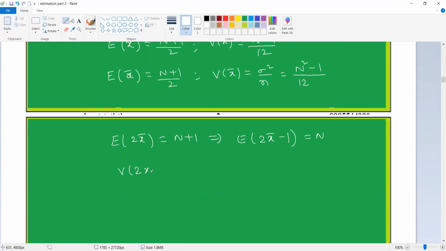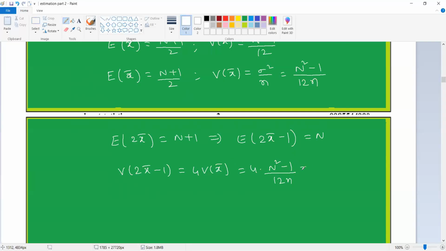Similarly, we have to calculate the variance of (2 X bar minus 1) with the help of the previous information. Now apply the variance property: variance of a constant is 0, and variance of aX is equal to a square into variance of X. So it is 4 into variance of X bar, which is 4 into (n square minus 1) by 12n.